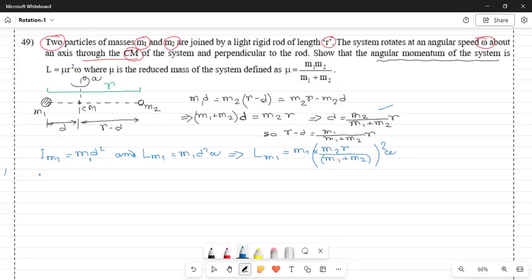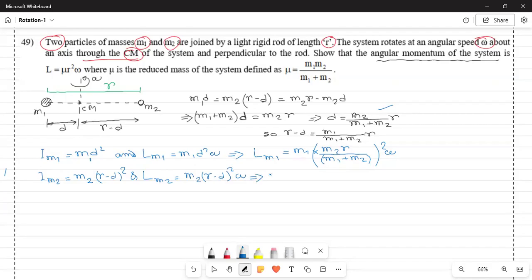Similarly, the moment of inertia of the mass M2 will be M2 times r minus d whole square, and the angular momentum of the mass M2 is equal to M2 times r minus d whole square, multiplied by omega.